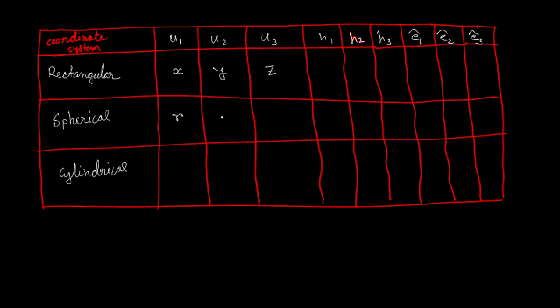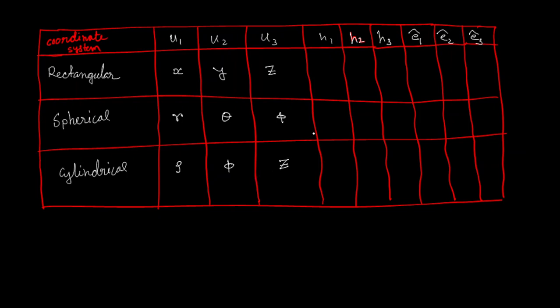Then we have also defined the angle between r and positive z axis by theta, and the angle between the projection of r on the xy plane and the positive x-axis, that is phi. And then in cylindrical coordinate system, perpendicular distance from the axis rho, the angle between plane and the positive x-axis we have defined by phi, and then perpendicular distance from the xy plane z.